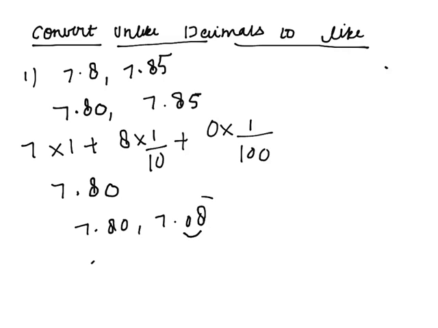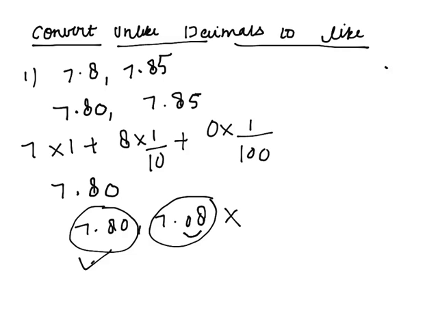So this one is wrong, we cannot put a 0 like that, but this one is right, we can put a 0 after a digit after the decimal point. To convert unlike decimals to like decimals, we will count the highest number of digits. Like here we have 2 digits, so we will convert all numbers to 2 digits after the decimal point, and we will add the missing 0s to those numbers.